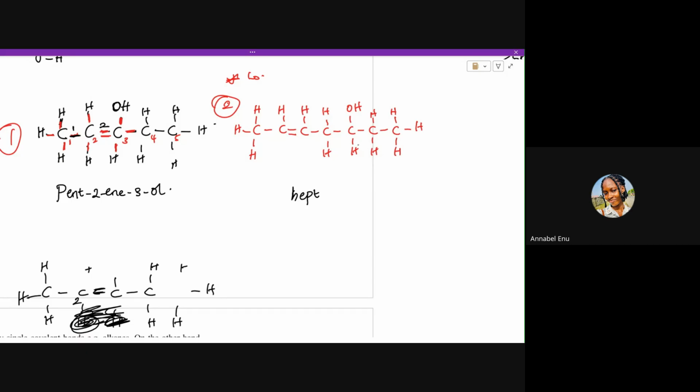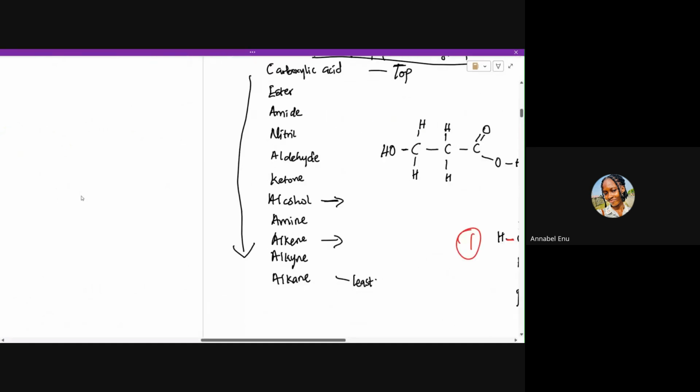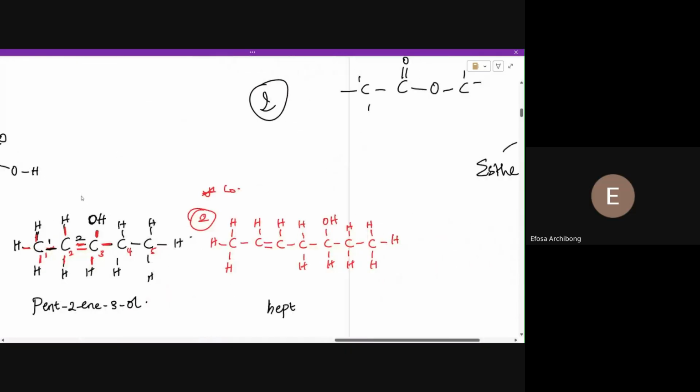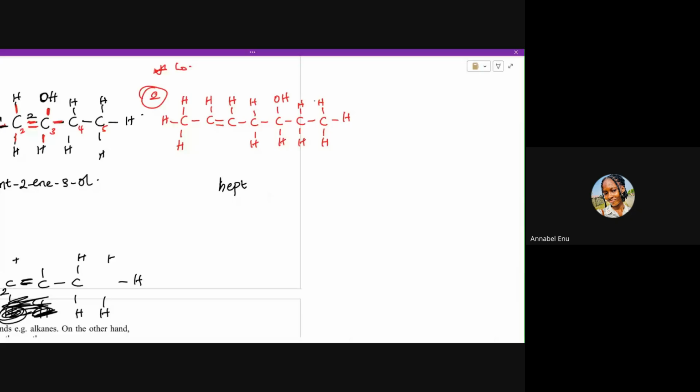So you see this priority thing I wrote here, you have to memorize it. It's something you have to know. So now hept, and then we see the OH group here, and then we see the double bond.